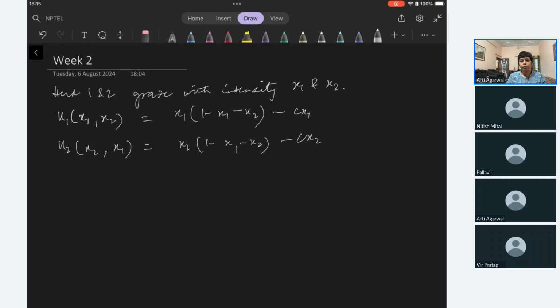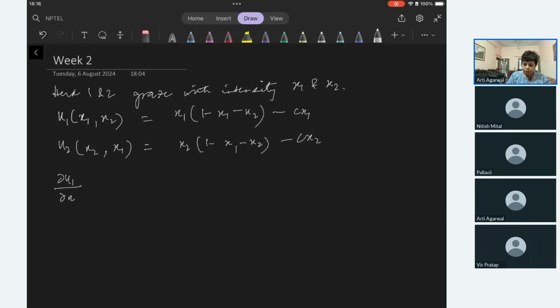x2 is something which it has to take as given. It cannot control x2. But remember, x2 is also varying. x2 is not fixed, but whatever quantity x2 may be, x1 has to develop a function for its best response to that particular quantity x2. What we will do is we'll want to maximize this. So we'll take a partial derivative of u1 with respect to x1.